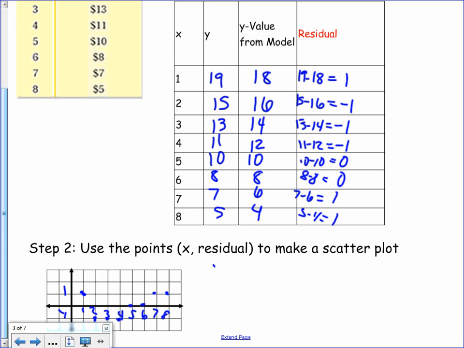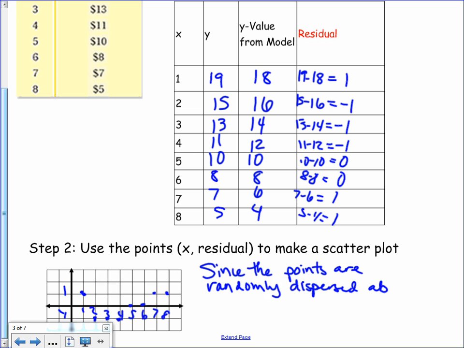So, since the points are randomly dispersed about the horizontal axis, the equation is a good fit.